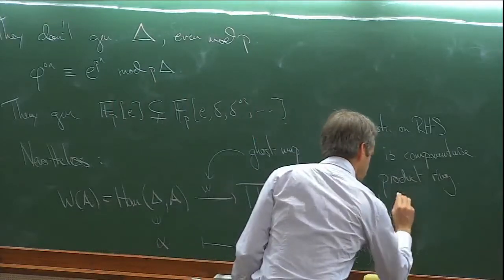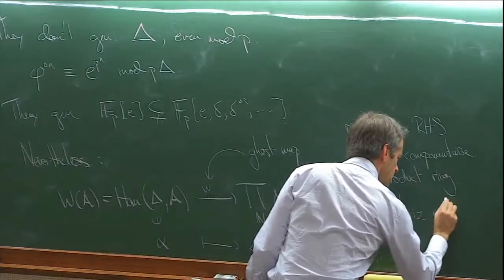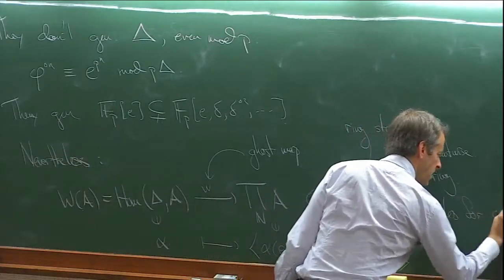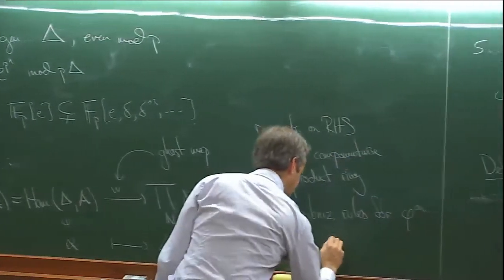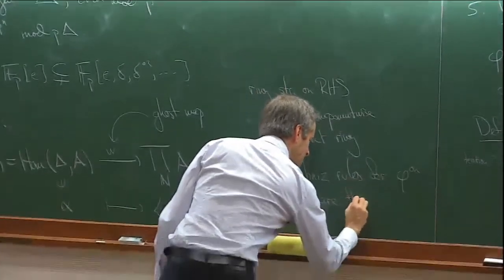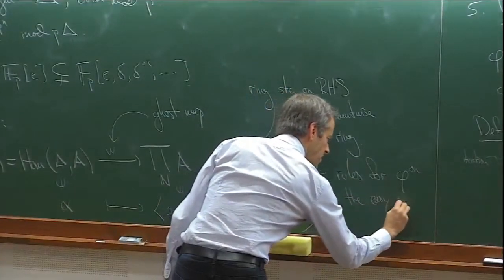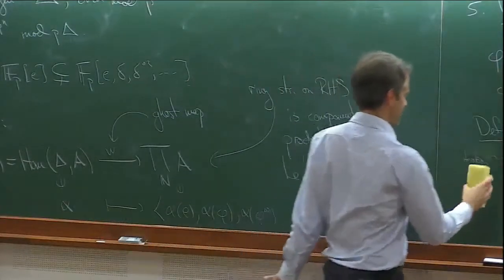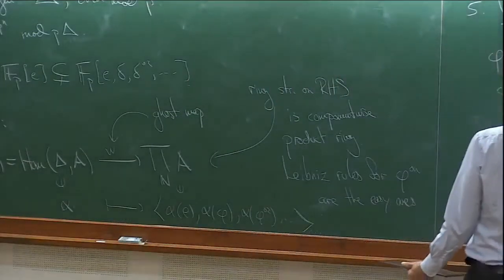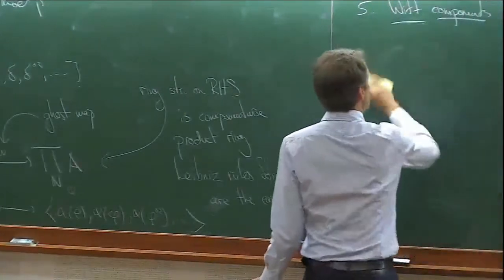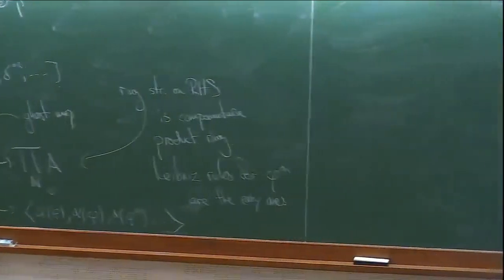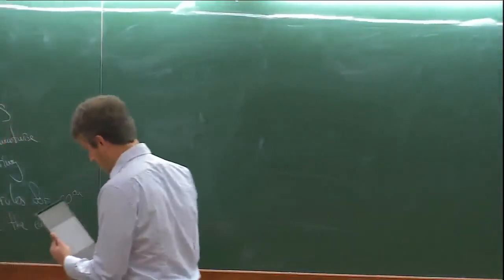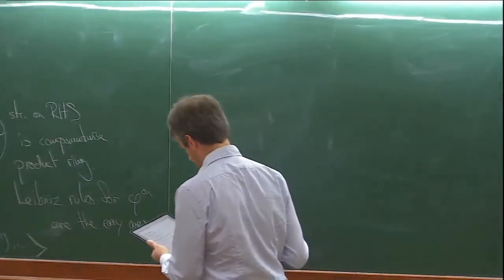So the Leibniz rules for phi composed with n are the easy ones. The Leibniz rule for addition is the additive Leibniz rule, and the Leibniz rule for multiplication is the multiplicative Leibniz rule. So that's the reason why the ghost components are so useful, because you can actually do computations in them because they use the product ring structure.